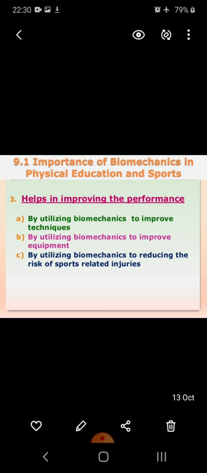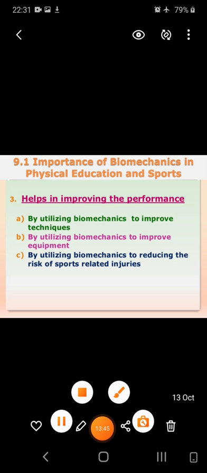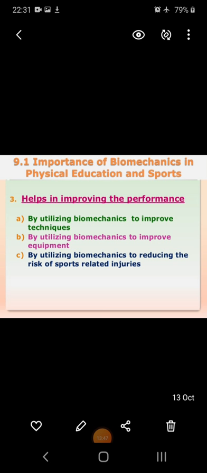Next is helps in improving performance. The main goal of biomechanics is the improvement in sports performance. Indeed, biomechanics enhances performance by utilizing mechanical principles to improve an individual's technique, the equipment he or she uses, and to modify the specific training method.